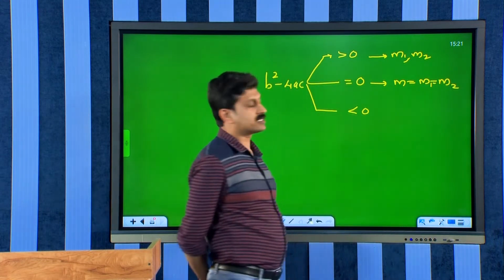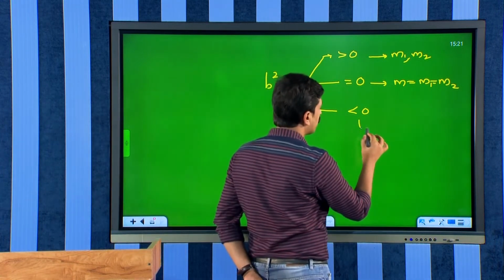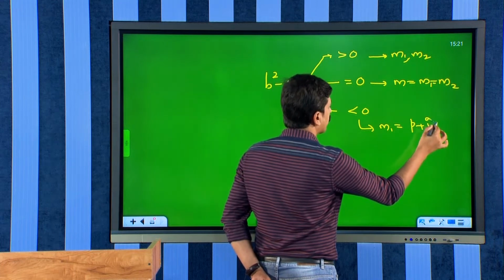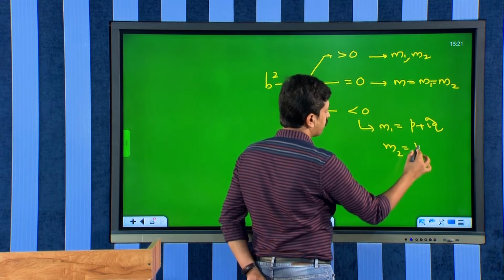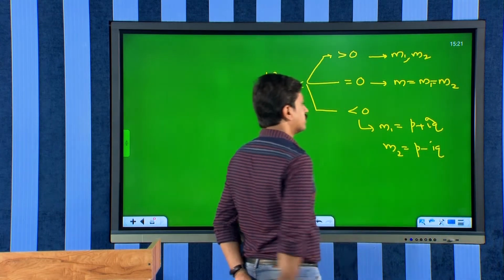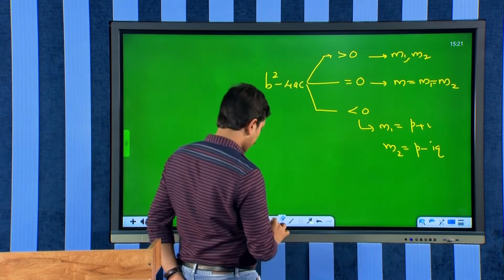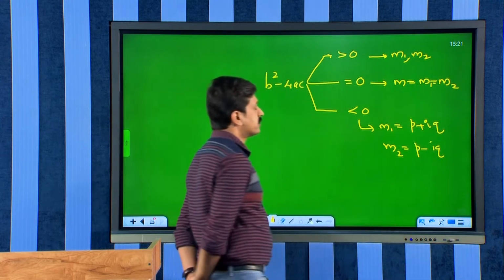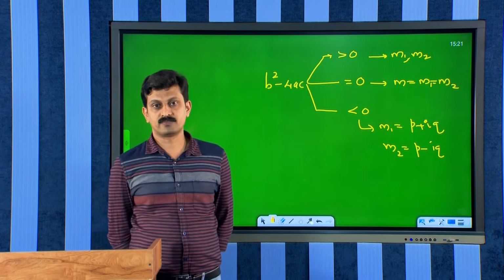If it is less than 0, then m1 is equal to some p plus iq and m2 is equal to p minus iq, so the roots exist as complex conjugates.